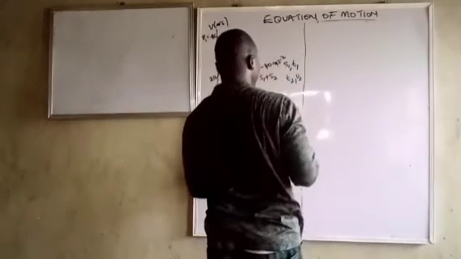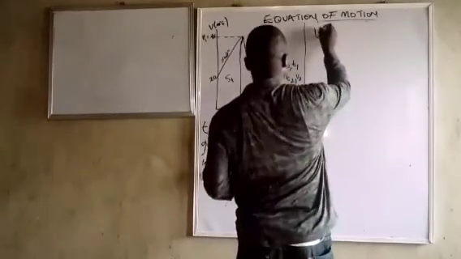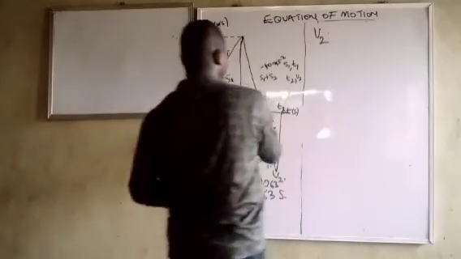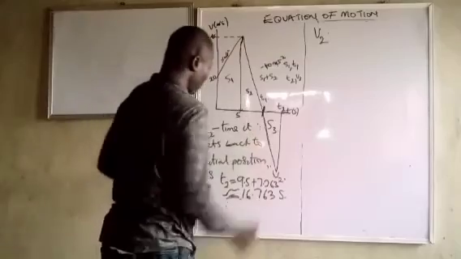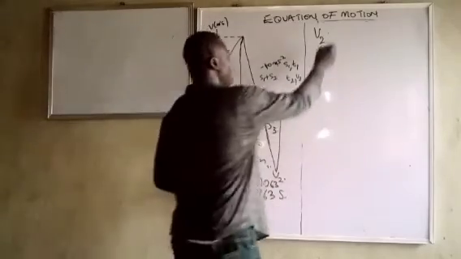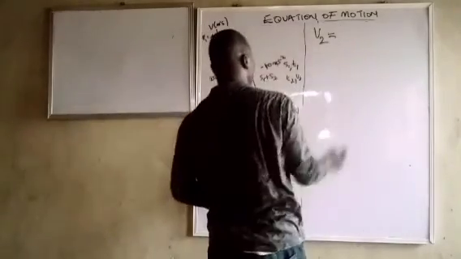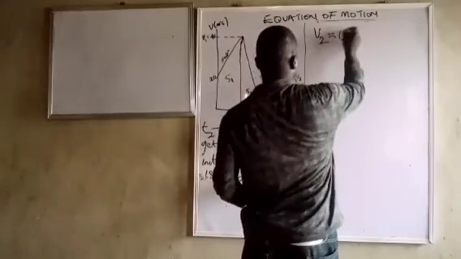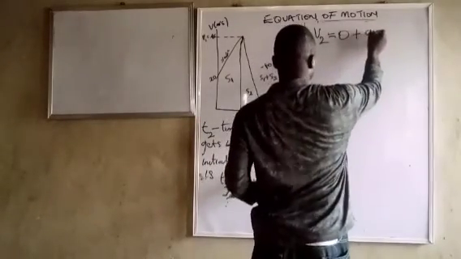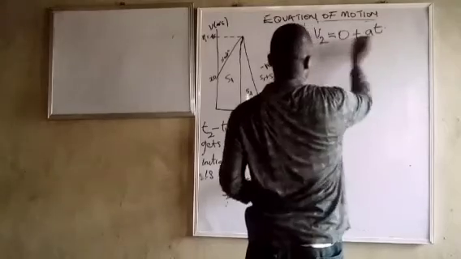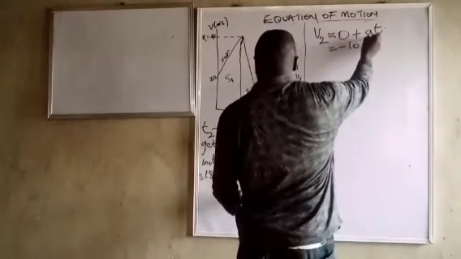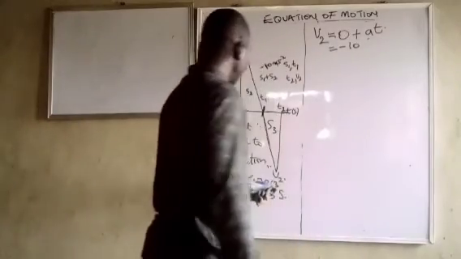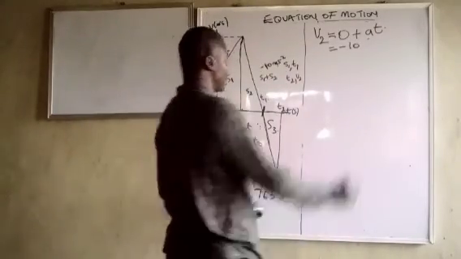The final velocity now, v2. Since we are taking it, we can consider from here, but let's take it from 0 and this place. So we have our a to be minus 10, v2 is equal to 0 plus a t. And what is our a? Minus 10. What is our t? Our t is 7.263.